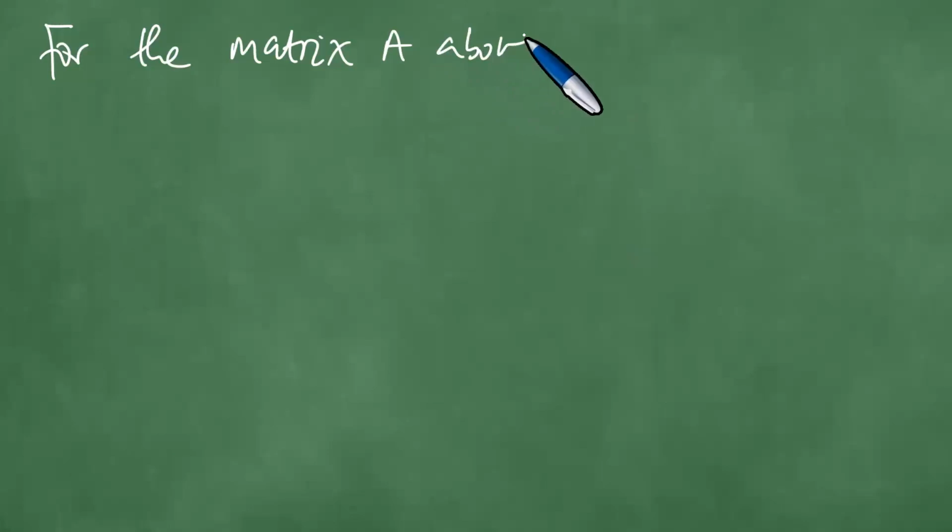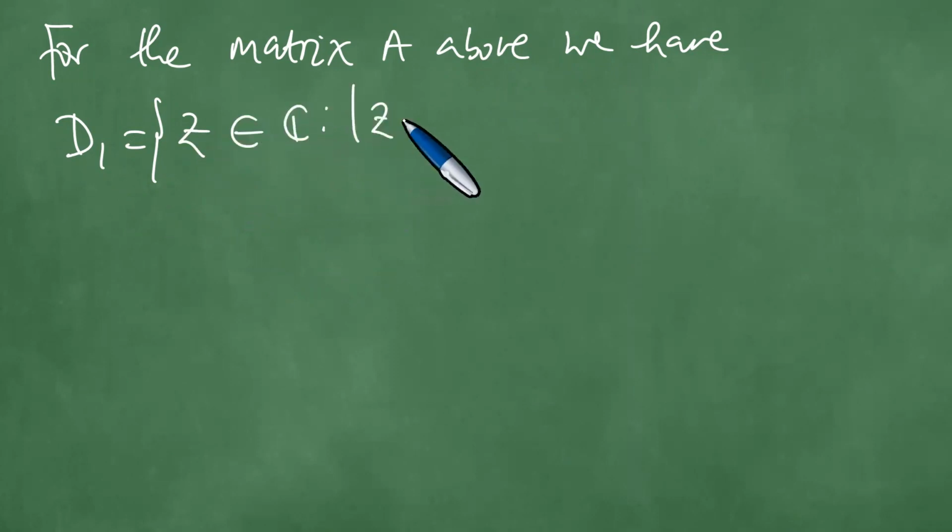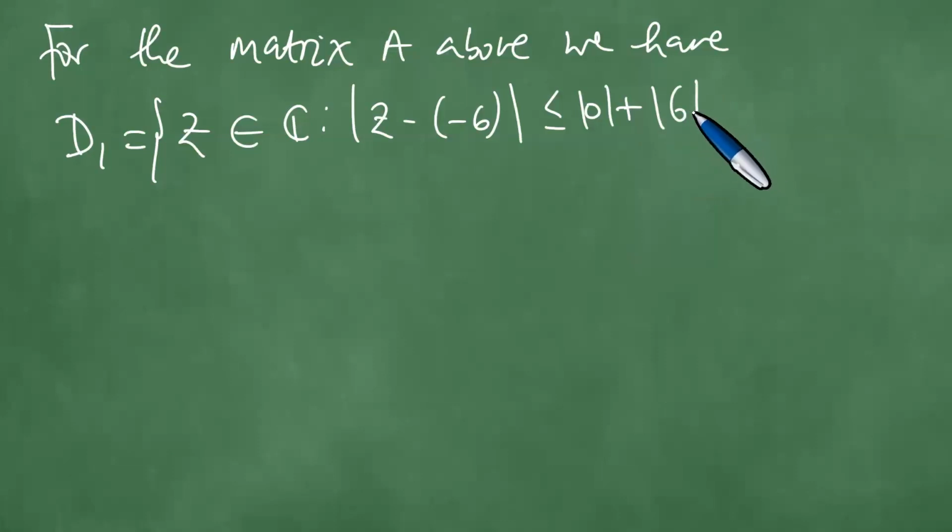For the matrix A above we have disk 1: z in C, z minus this plus 6, which equals 6.